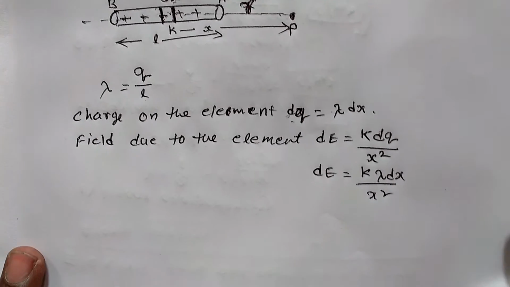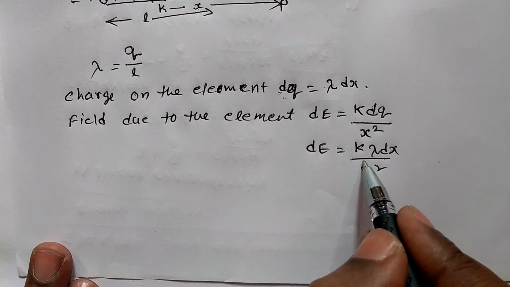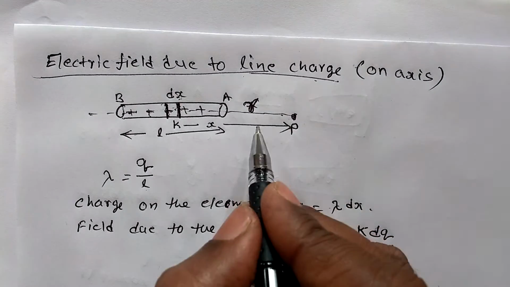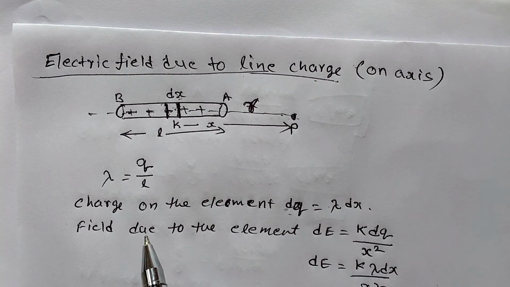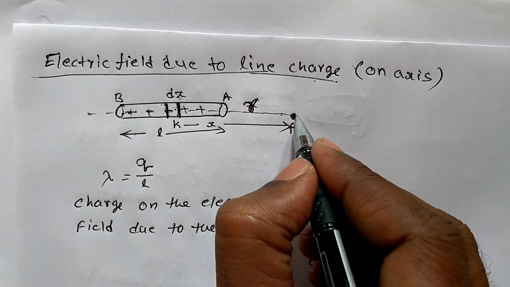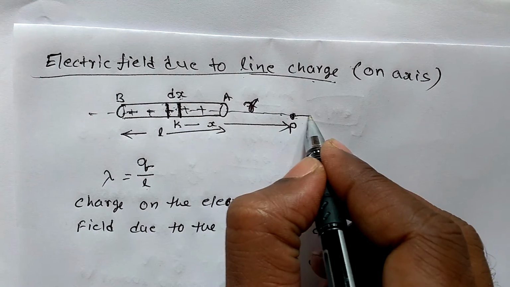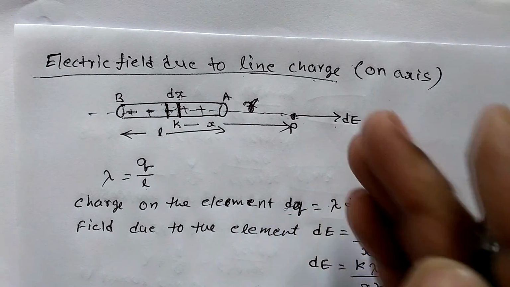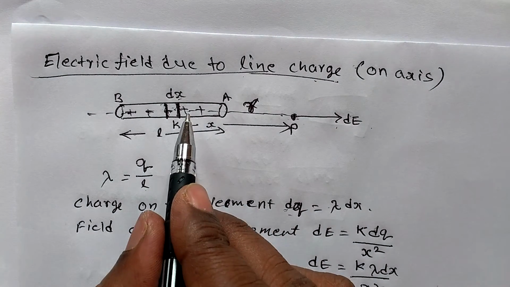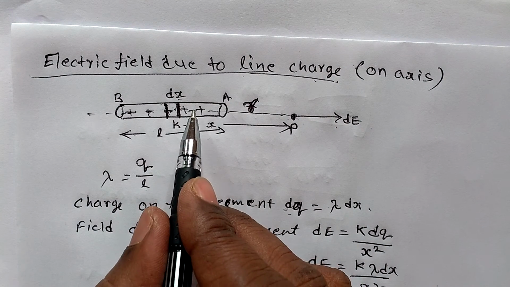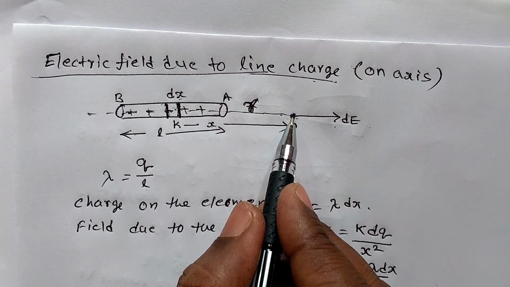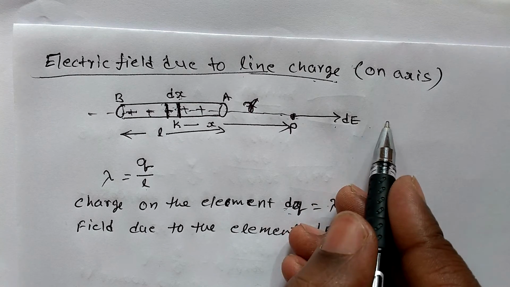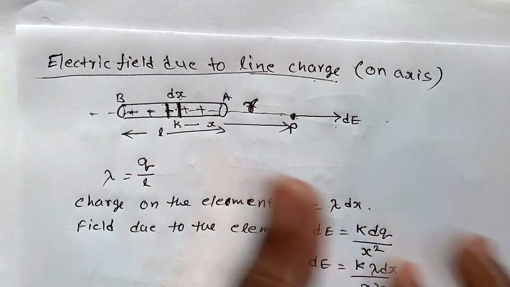Now this is the field intensity due to the small element at the point P. It is a positive charge, and the field acts away from the positive charge, hence dE acts away from it. Like this, the field intensities of all the elements at the point P act away from the charges, all in the same direction, hence we can add them.